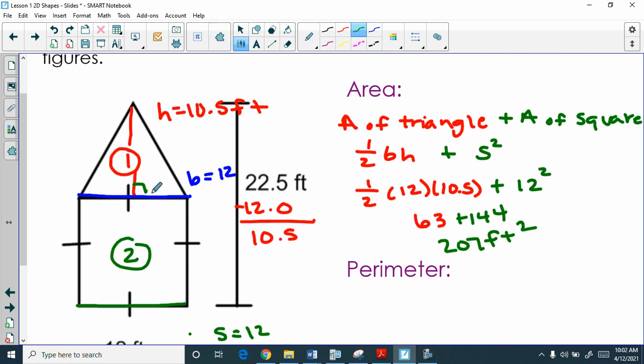So if we know the bottom is 12 and we split this right down the middle, we know this piece is 6 and this piece is 10.5. So we can use Pythagorean theorem to find the third side. So we're going to have 6 squared plus 10.5 squared equals the side squared that we're missing. So I'm just going to call that x. And I would just type that straight into Desmos and see what I get.